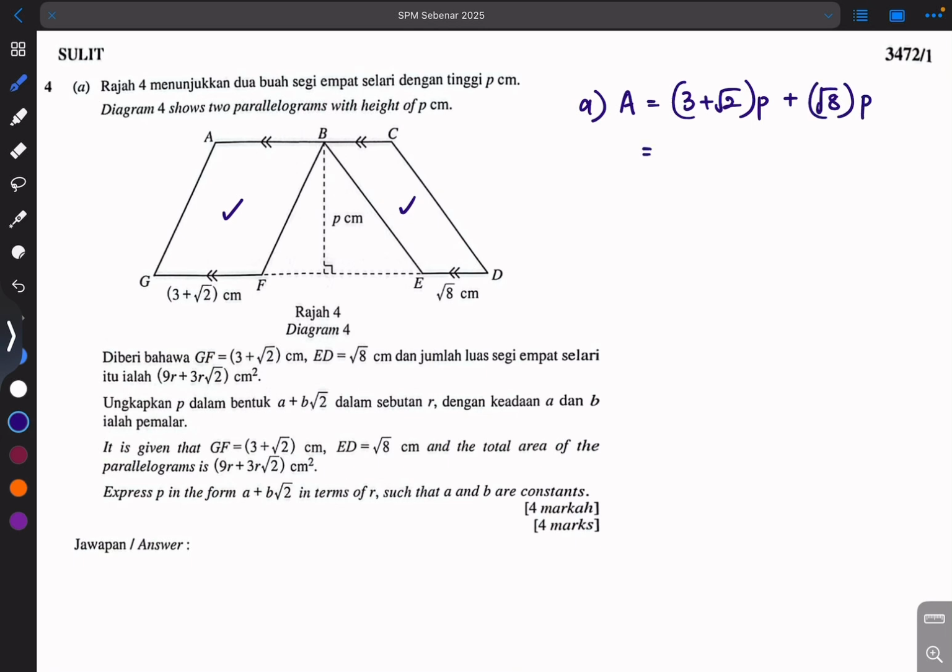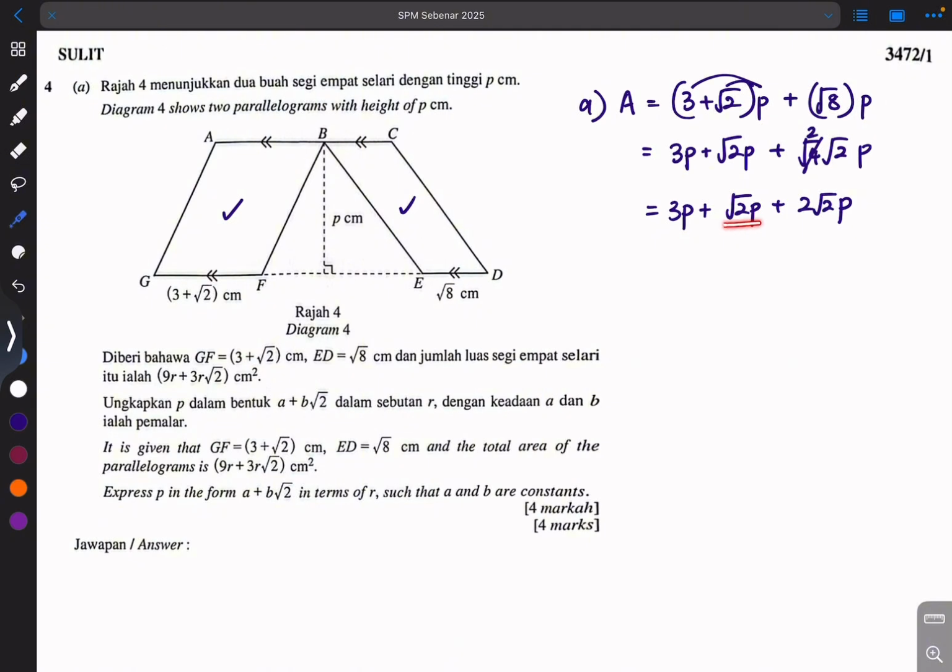Then we expand. So 3p plus √2p plus √8p. √8 we can split it. 8 is 4 times 2. So we can say √4 times √2p. Then this √4 is basically just 2. So this will become 3p plus √2p plus 2√2p. We can simplify further.